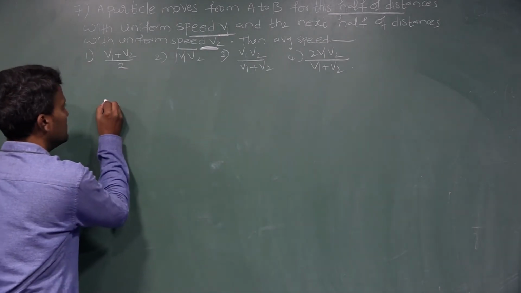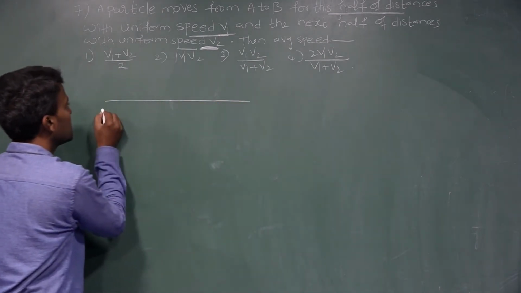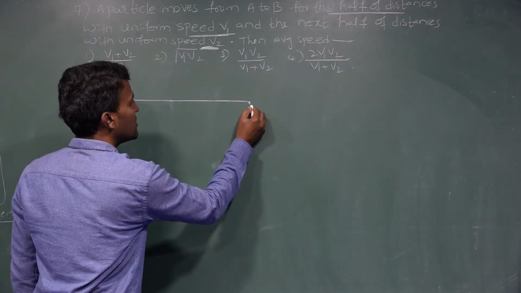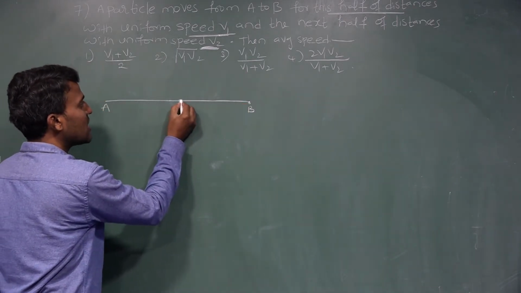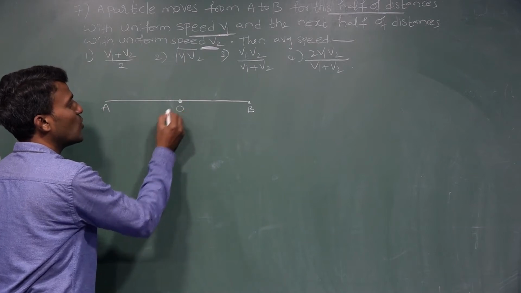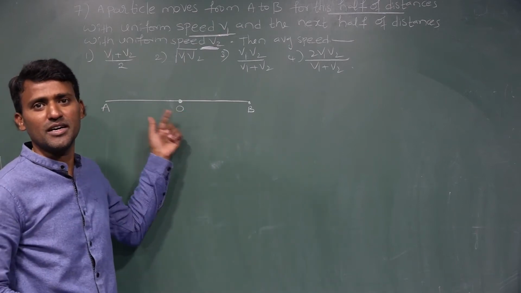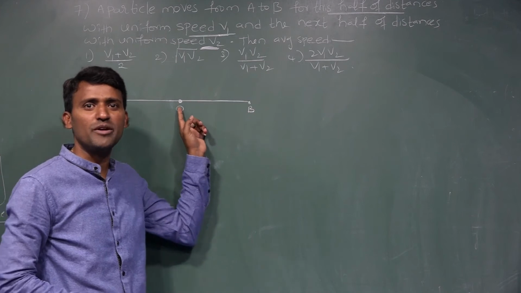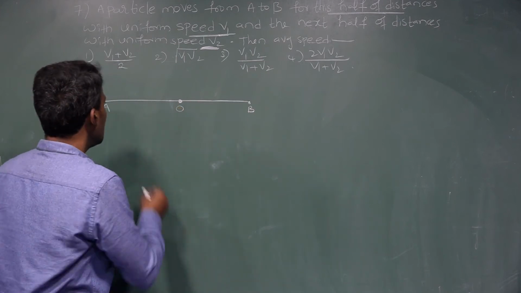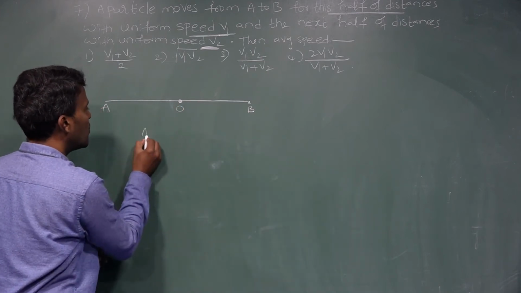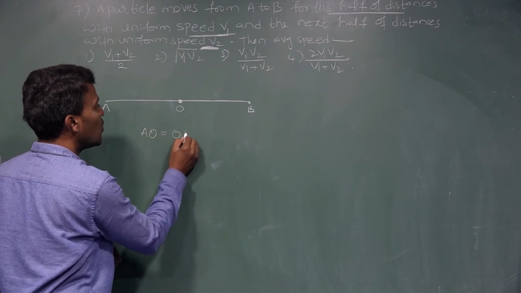Now I am taking two positions, A and B, and exactly half of the distance. O is the midpoint between A and B. Now OA is equal to OB.